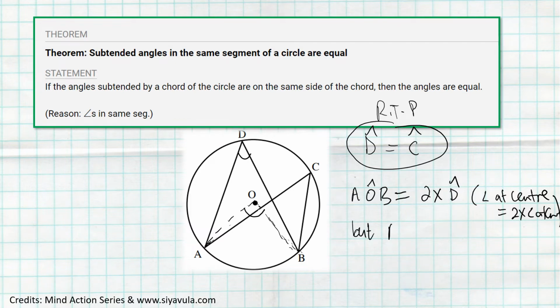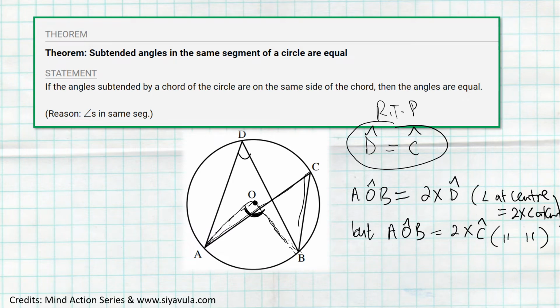But we can also see that angle AOB, this one, is subtended by arc AB at the center, and the same arc AB is also subtending angle C. So it would be 2 times angle C, by the same reason: angle at the center is equal to 2 times angle at the circumference.